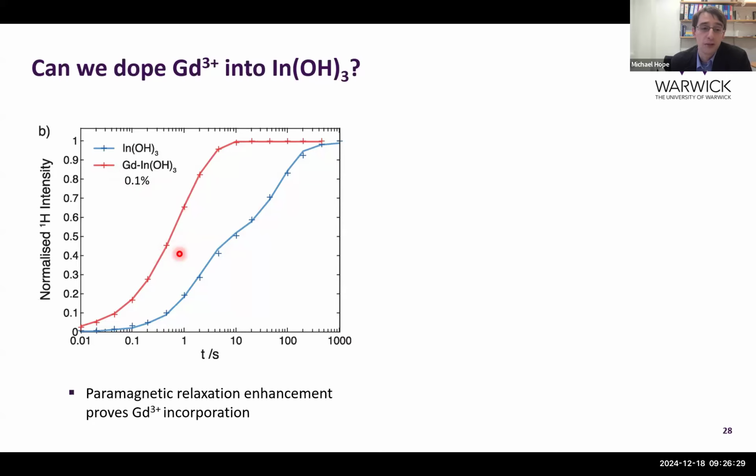So this is an example of paramagnetic relaxation enhancement. This is mono-exponential, or it's stretched, in fact, but it's at least a single component. And so this tells us that we have gadolinium doped in throughout the material. So this shows that we have incorporation of gadolinium.